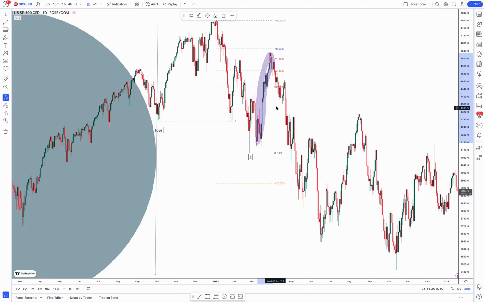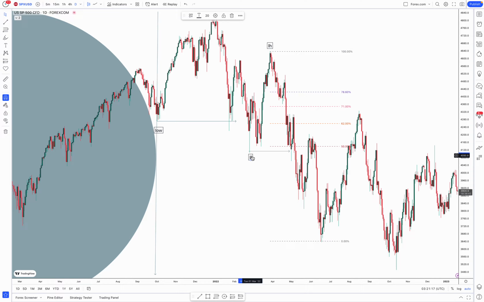So what's our alternative? Our alternative is the next level of significant retracement, which happens all the way from here. So we have a lower high, lower low, and a lower low here.